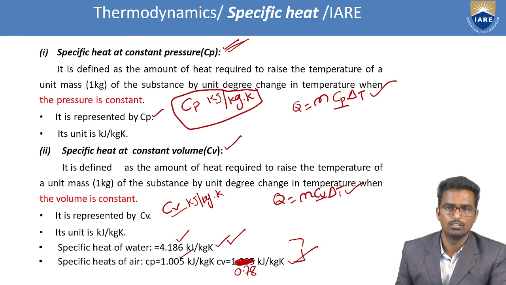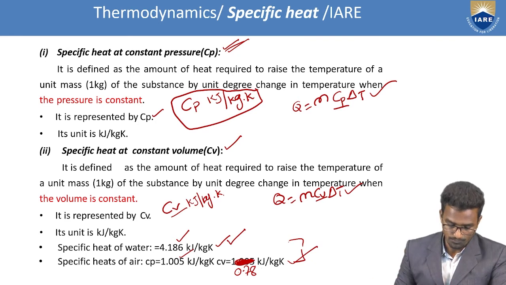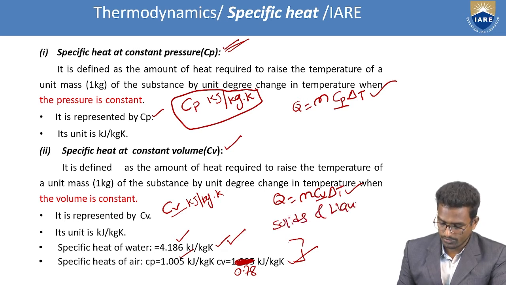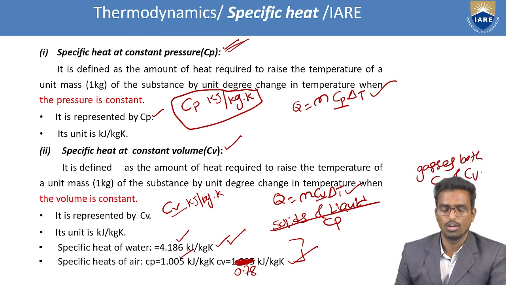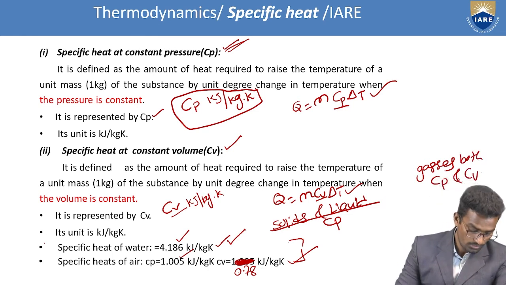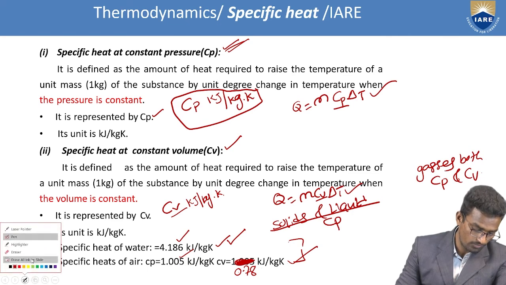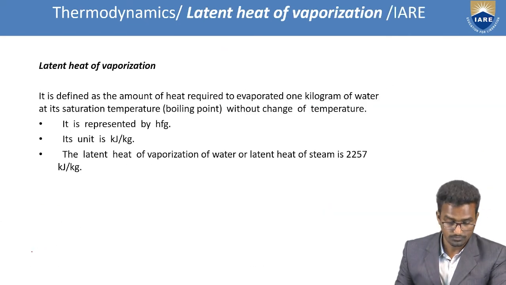Please understand, for solids and liquids we have only Cp values, but for gases we have both Cp and Cv values. Don't confuse this. So this is what you call specific heat conditions.